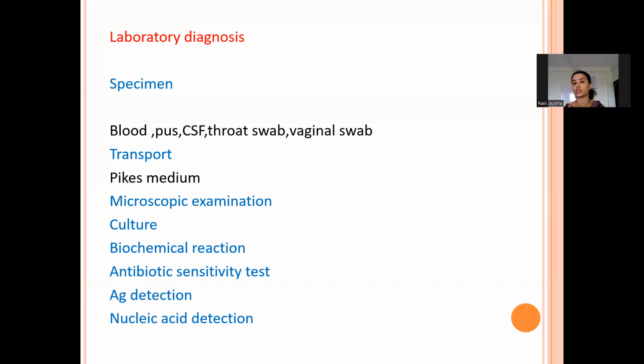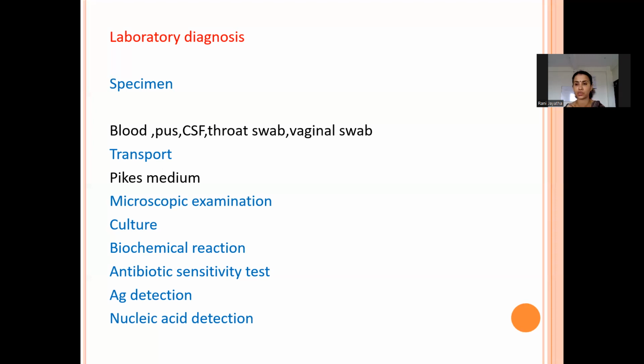Next is cultivation, done with different media. The important medium used is an enriched medium, blood agar. The organism produces beta-hemolytic colonies on blood agar. Colonies are small, smooth, circular colonies.